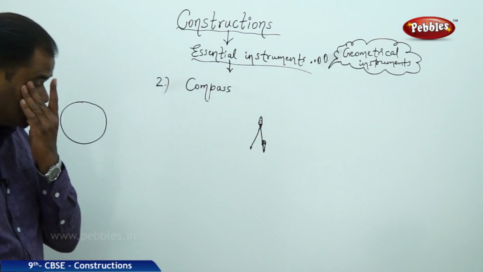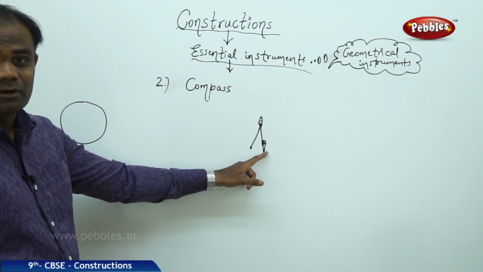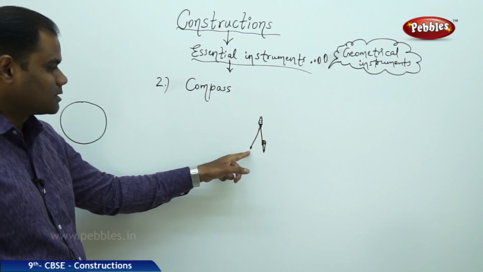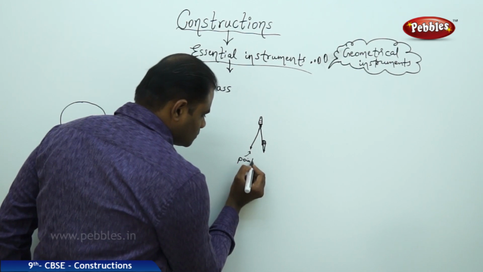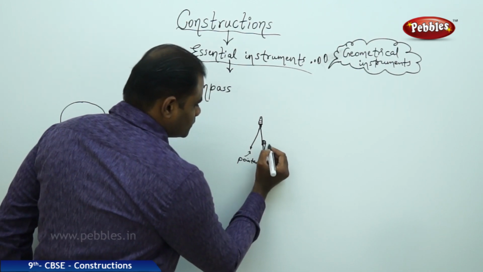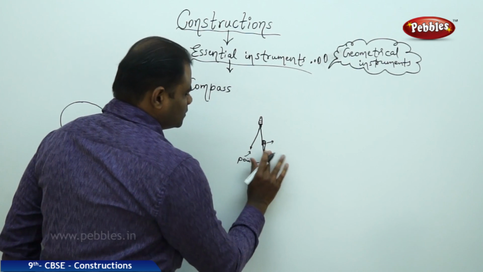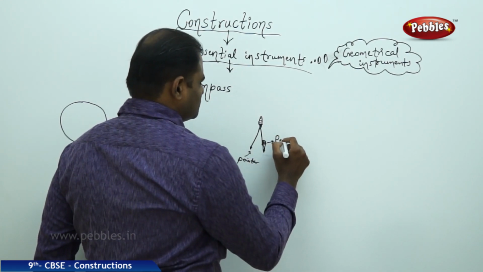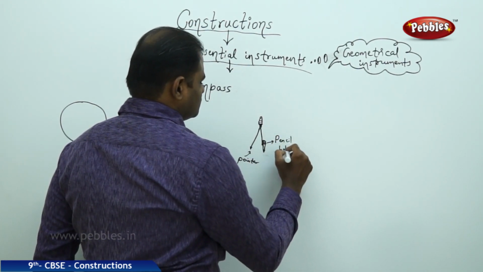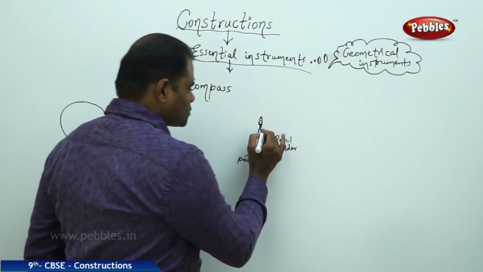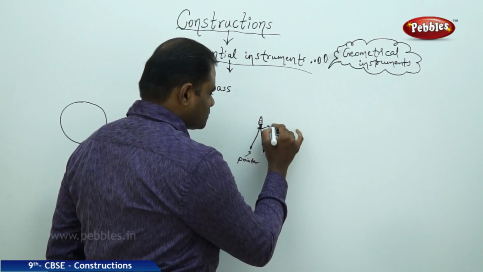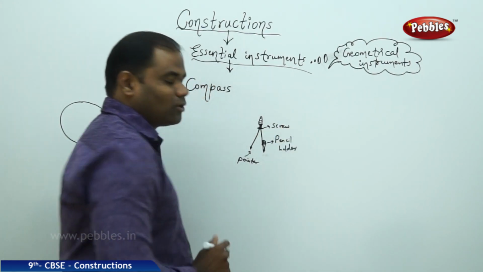A compass usually has a pencil which can be put on the other side, and this is the pointer of the compass. And this is the pencil holder. And here you have a screw which can be fixed accordingly.